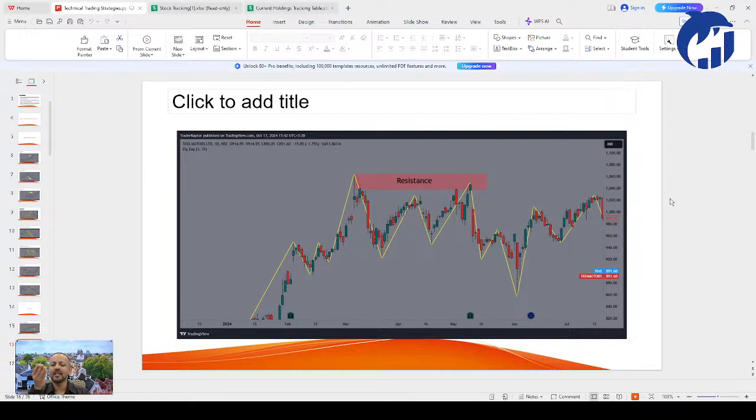On the opposite side, you have a ceiling, which is also termed as resistance, which doesn't allow price to go on top. So the definition remains the same, but it is contradictory. You get it? One holds price by creating support, one resists price by creating resistance.